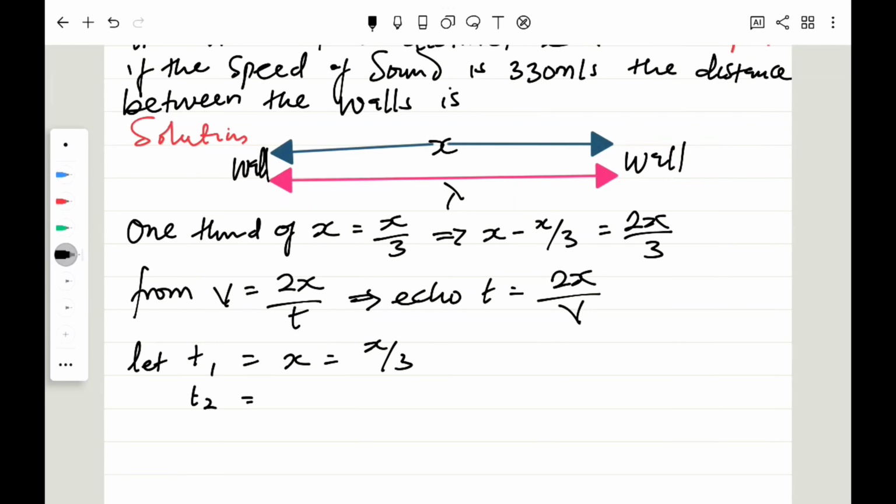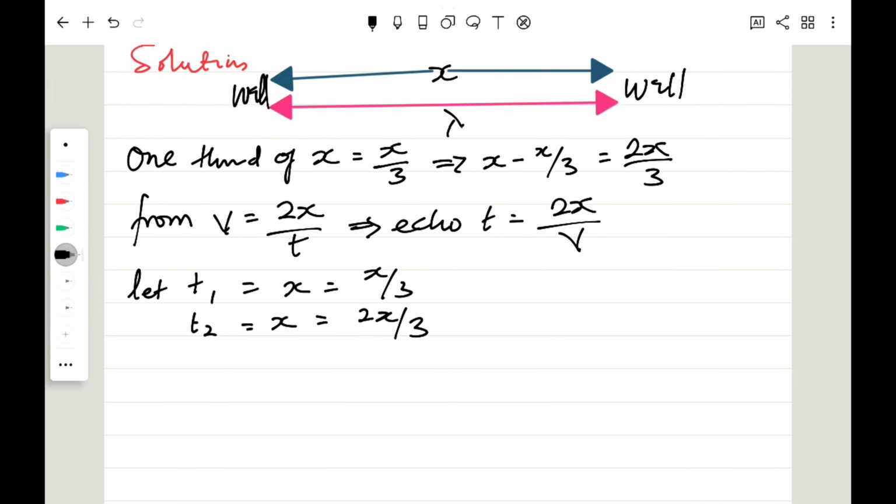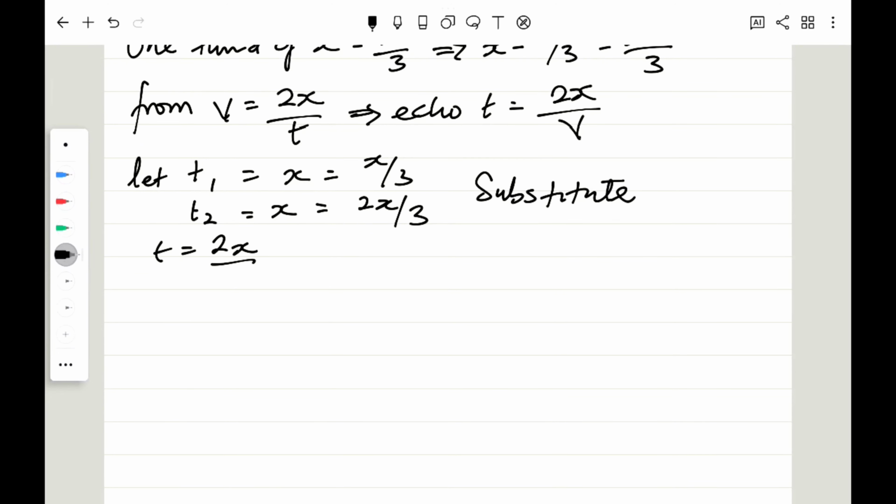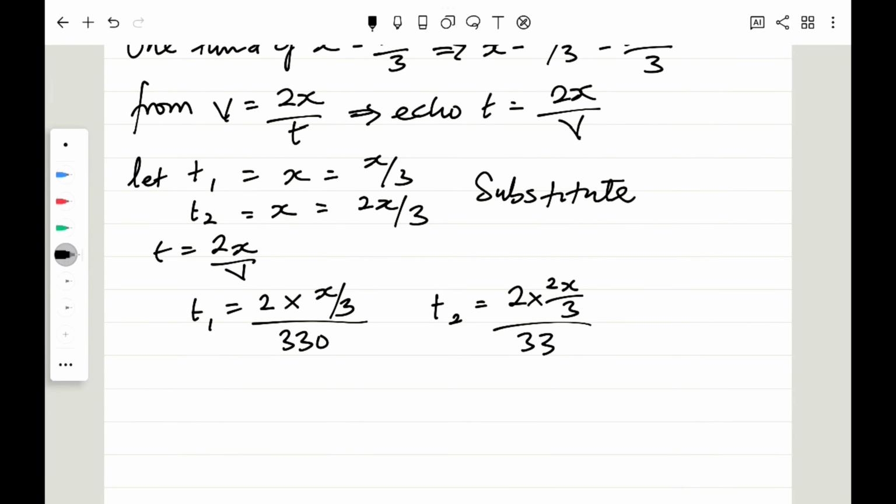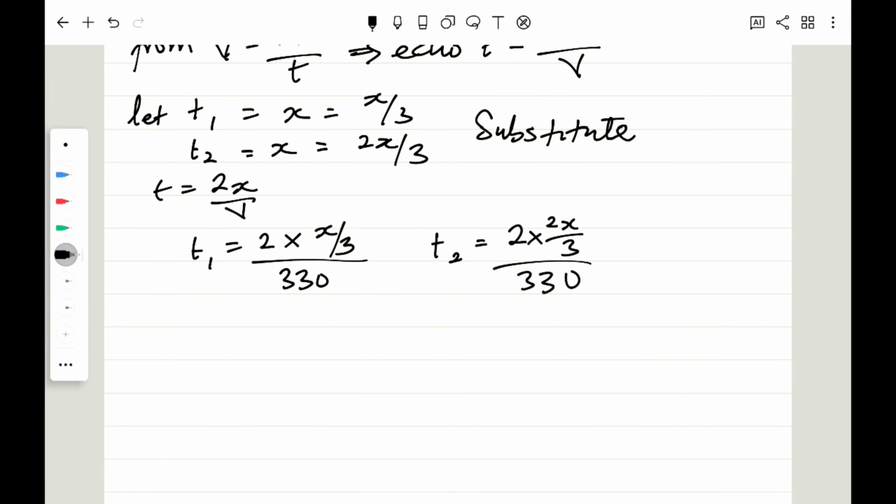So substitute now. So that T1 is equal to 2 times X over 3 divided by our V, which is 330. Our T2 is equal to 2 times 2X over 3 divided by 330.